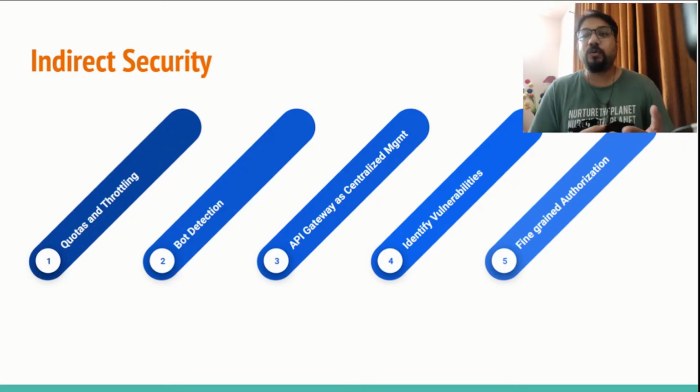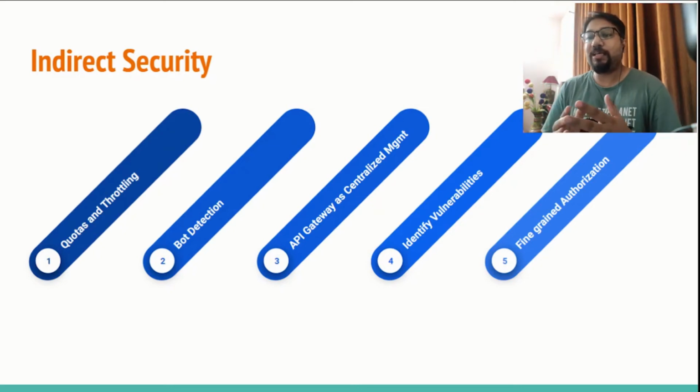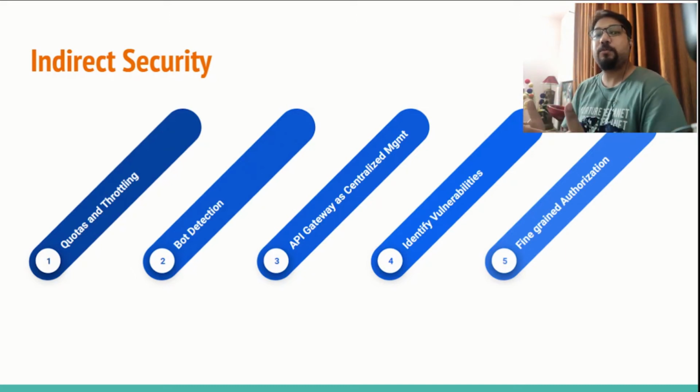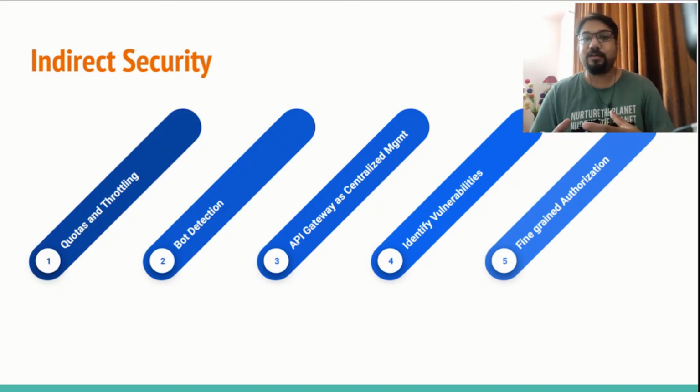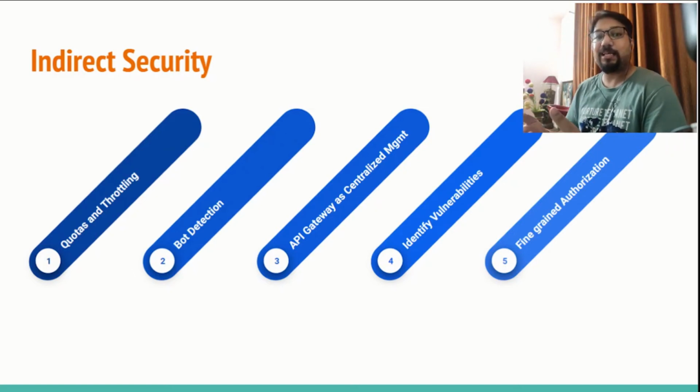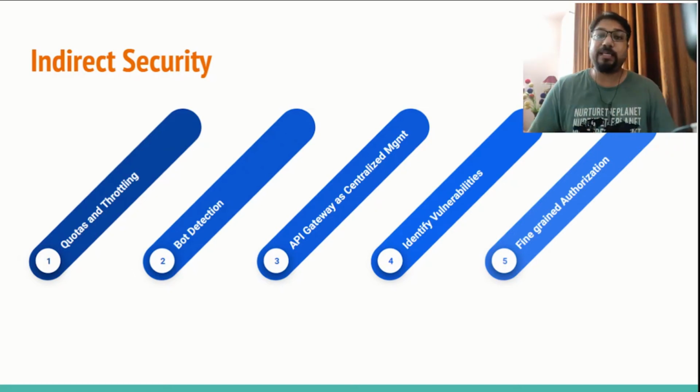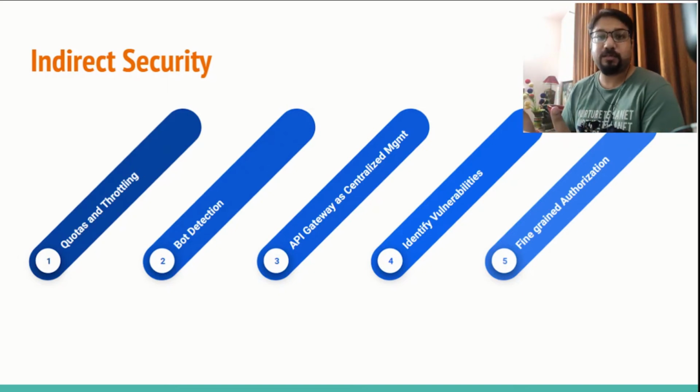There should be a very well defined scope, and on that scope only the token should be issued. For example, if I do not have access to the admin API, ideally that token should not allow it. So this is how we are securing our APIs indirectly. The user is legitimate, like I am allowed to access the Google APIs, but which APIs? That comes under fine-grained authorization.